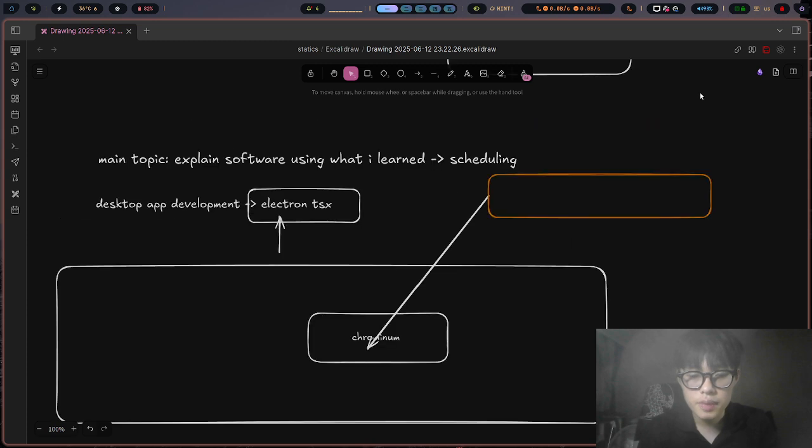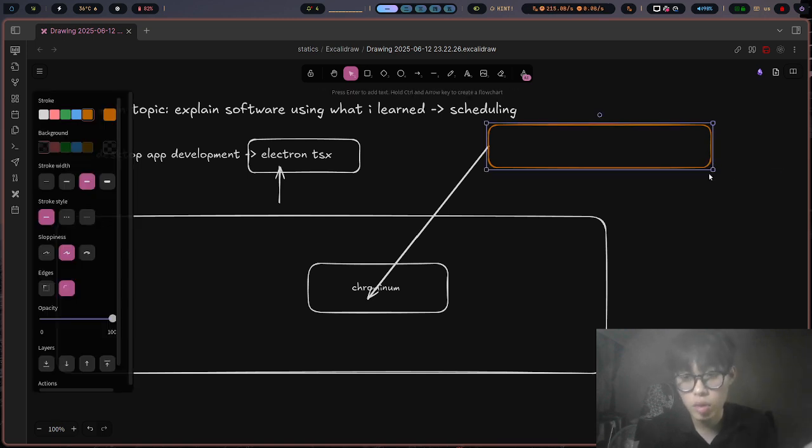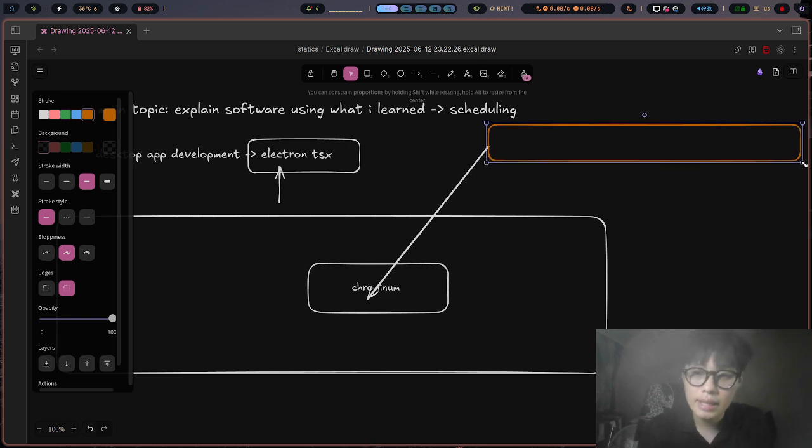Also, from the perspective of scheduling, if this thread is longer and heavier, the operating system scheduling is gonna be late. So I have to reduce it. How to reduce it?